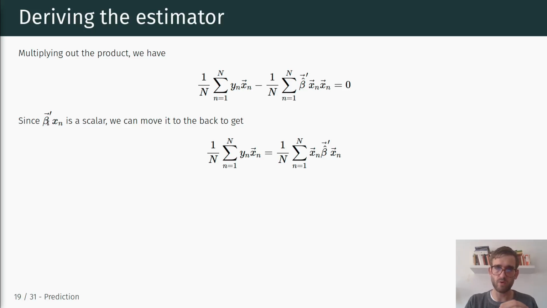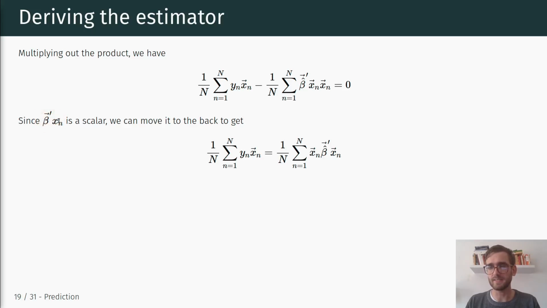So it has one row and k columns. x_n is a k by 1 matrix, so it has k rows and one column. Going back to the rules of matrix multiplication, multiplying a 1 by k matrix times a k by 1 matrix, the result will be a 1 by 1 matrix. So in other words, it will be a scalar. It's just a single number, right?